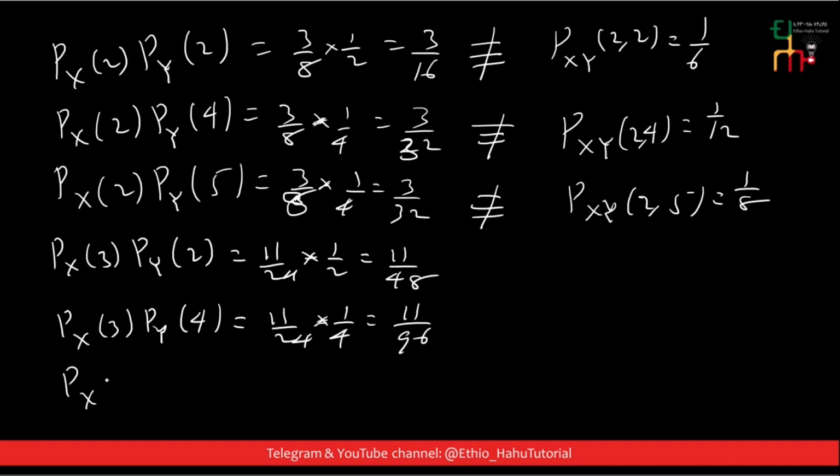The marginal probability mass function of x equal to 3, y equal to 5 is 11 over 24 times 1 over 4, which is equal to 11 over 96. Now let's check the joint probability mass function.